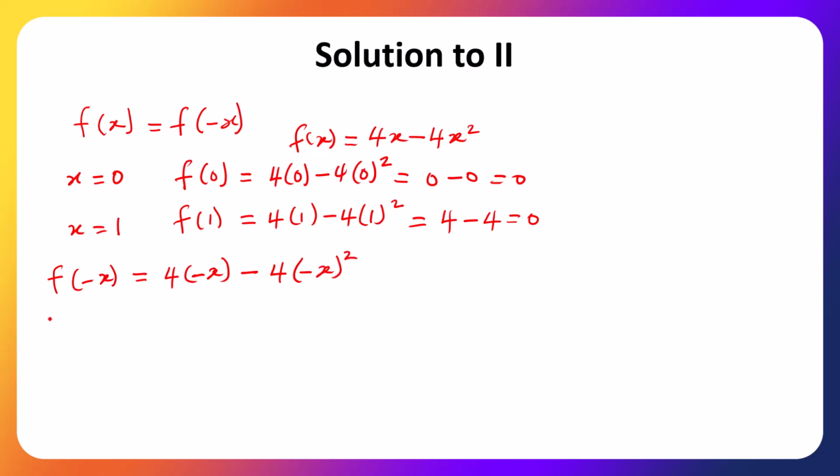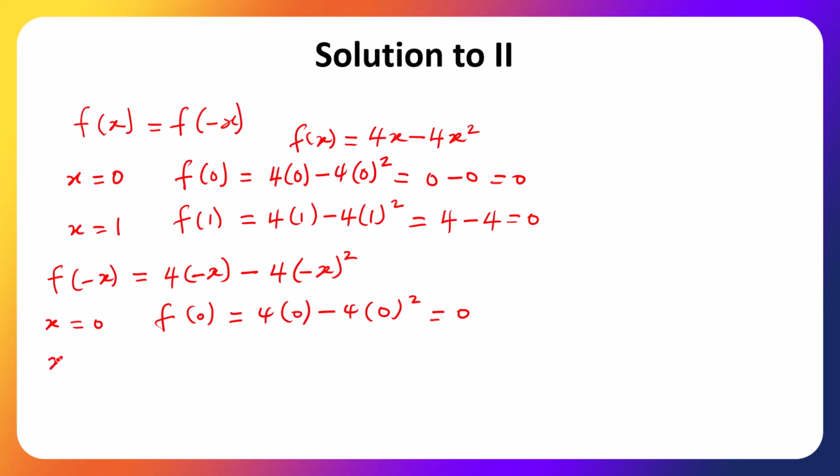So when x equals 0, we have f of 0, which is equal to 4 of 0 minus 4 of 0 squared. This is 0 actually.